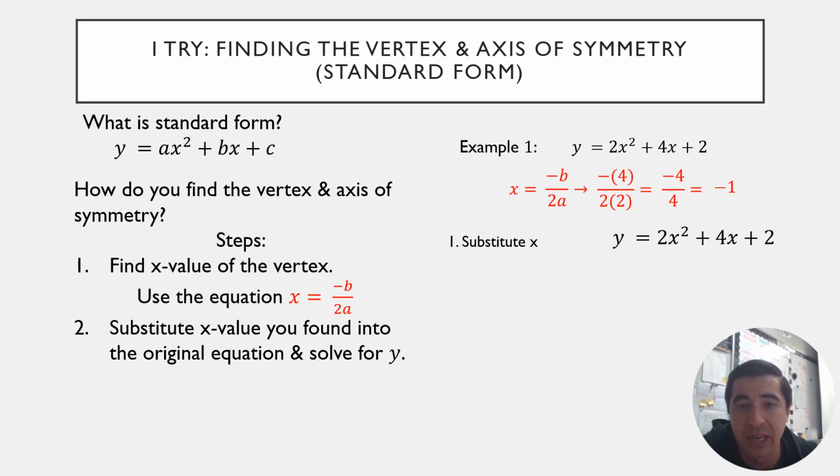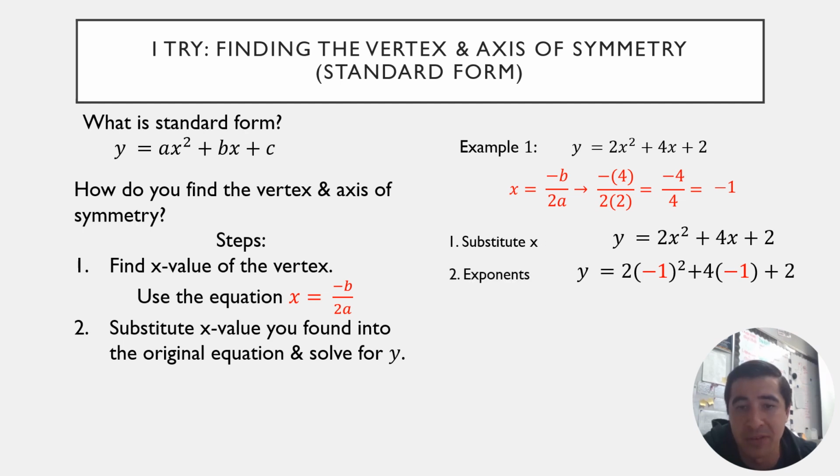To substitute the x value, again, all I'm taking is negative 1, the value I found, and substituting it into both the x values of the equation. So I would rewrite it as y equals 2 parentheses negative 1 squared plus 4 parentheses negative 1 plus 2. And again, I have parentheses to indicate that I'm going to be multiplying those after I simplify.